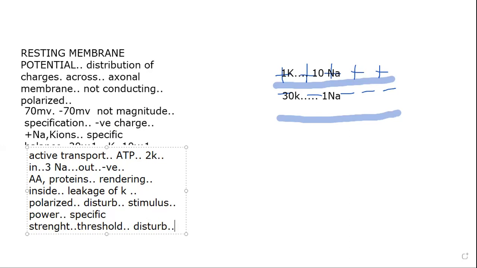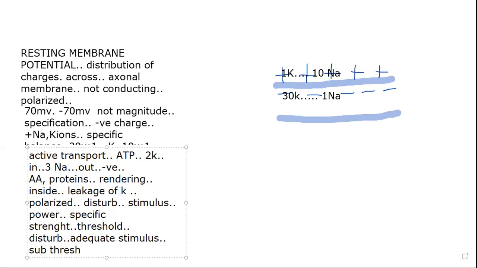That is called the adequate stimulus. If the threshold is strong enough to disturb this distribution, then it is called the adequate stimulus. It is enough to disturb the distribution and bring the resting membrane potential into the active membrane potential. If the threshold is not strong enough, then it is said to be subadequate or subthreshold.